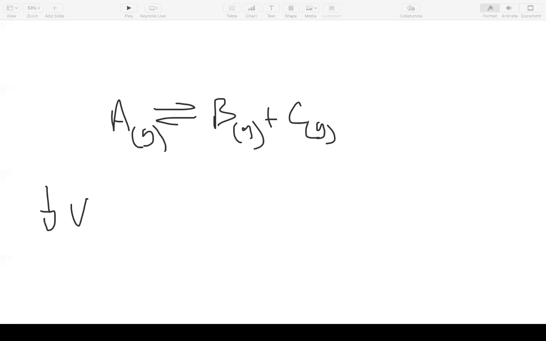So the left. This one only has 1 mole, whereas this one has 2. So we would shift to the left. So we'd have an increase of reactants for this problem. It would shift to the left.